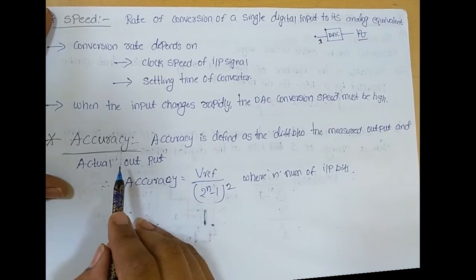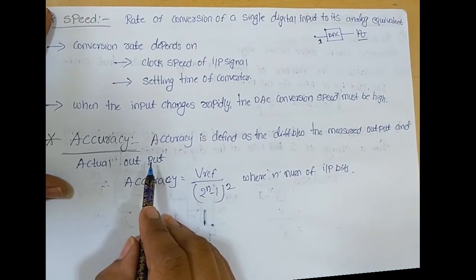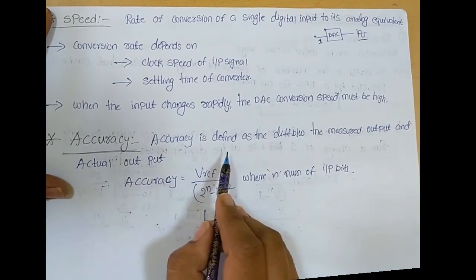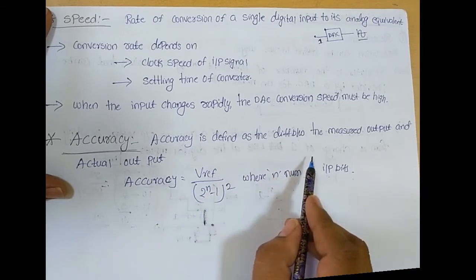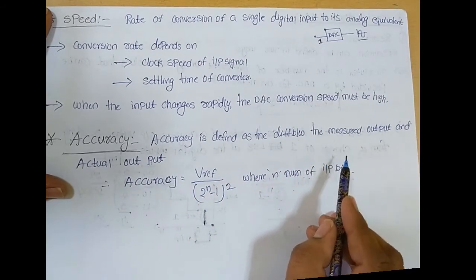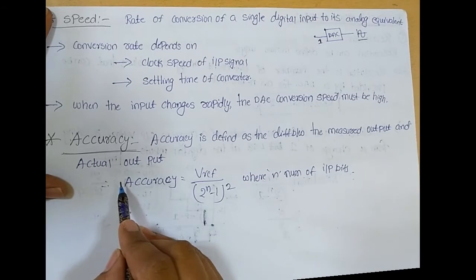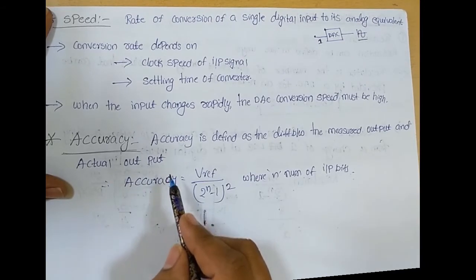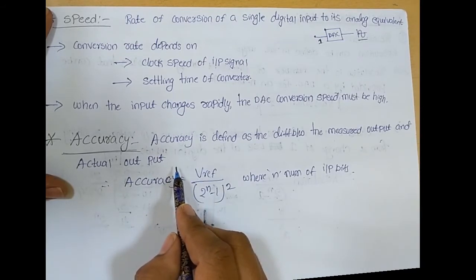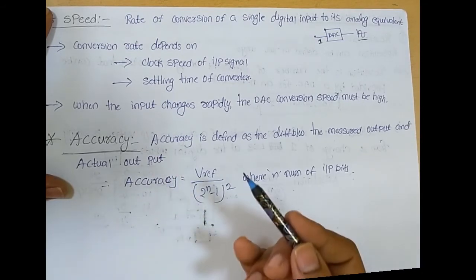Another specification of this digital to analog converter is accuracy. Accuracy is defined as the difference between the measured output and the actual output. It means that in digital to analog conversion we obtain some measured value and we expect some value.